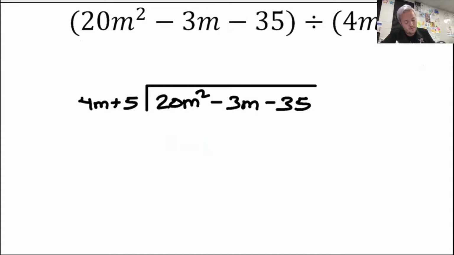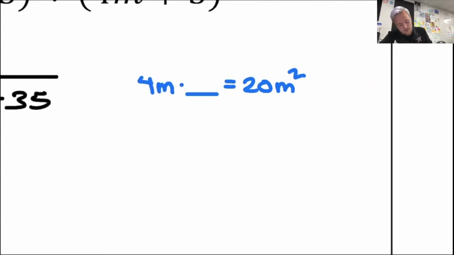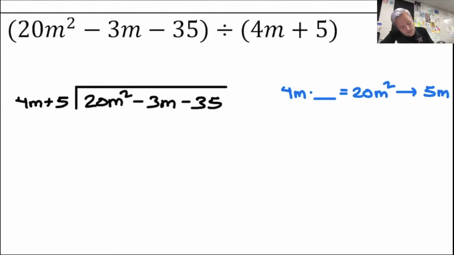So 4m to get to 20m squared, we want to figure out what to multiply by. 4m times what gives you 20m squared? That will be 5m. So that 5m is what I'm going to write up here.